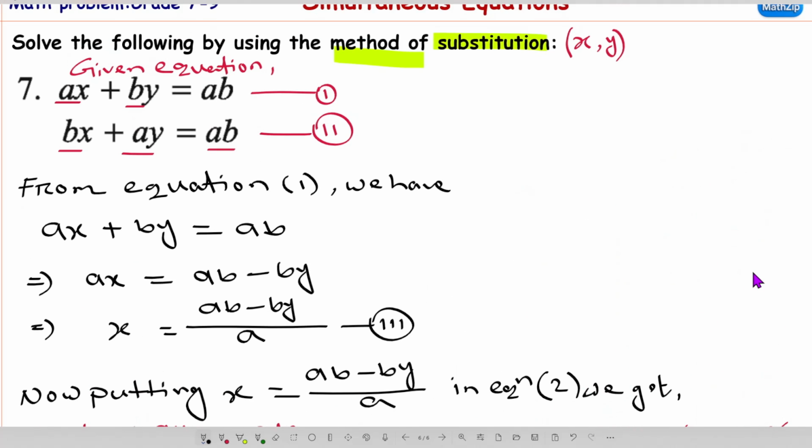Now we will put the value of y in equation 3, right?